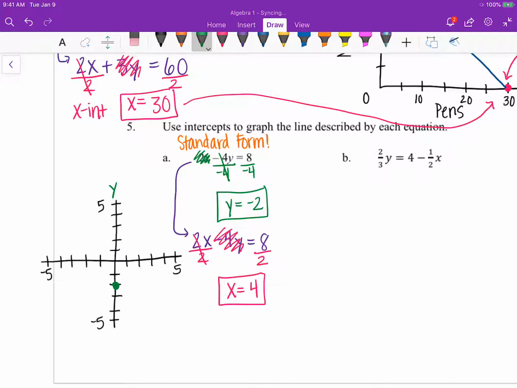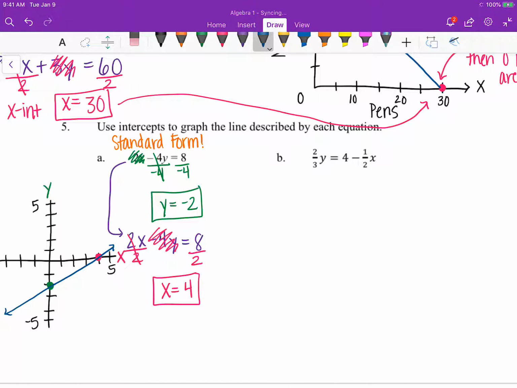This is my y-axis. My x-axis I need to go over to 4, put a dot there on the x-axis, and then you draw a line through them. Done. Not bad.